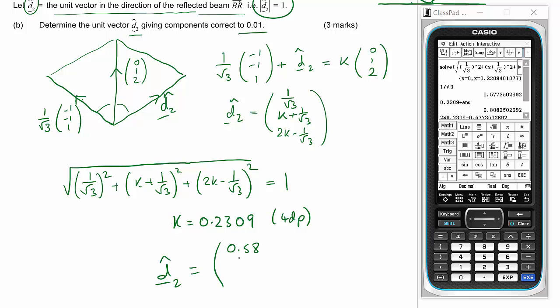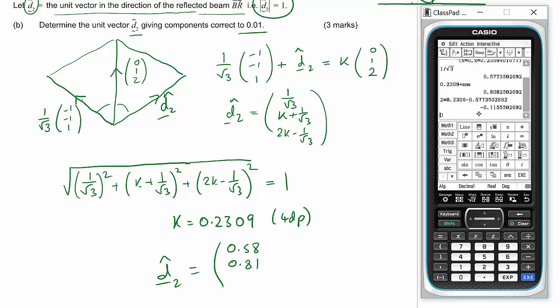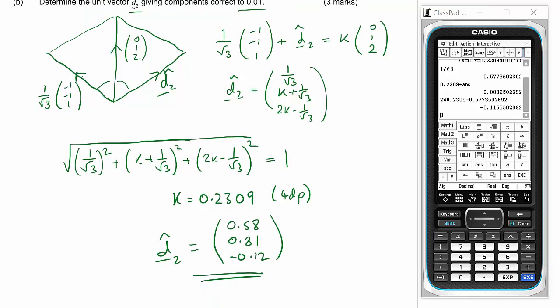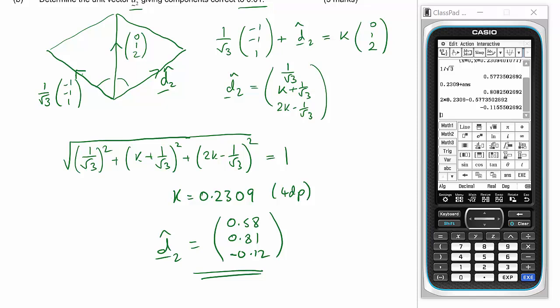Well, that comes to 0.81. And then we've got 2k, so that's 2 times the 0.2309, take away 1 over root 3, and that one there gives me negative 0.12. And that's our vector. That's quite a clever way of doing it, and there are much harder ways of doing it.